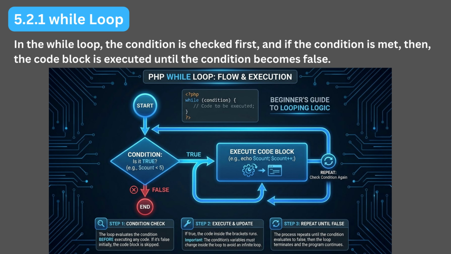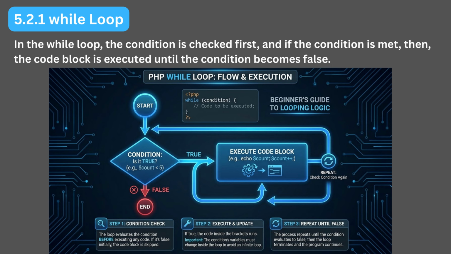Inside the loop, it is very important to update the value of the variable that controls the condition, usually by increasing or decreasing it. Without this update, the condition may never become false, which results in an infinite loop. An infinite loop keeps running forever and can freeze or crash your program.